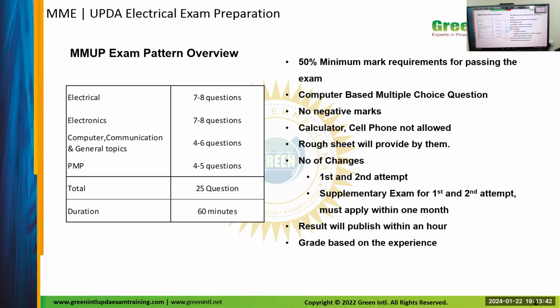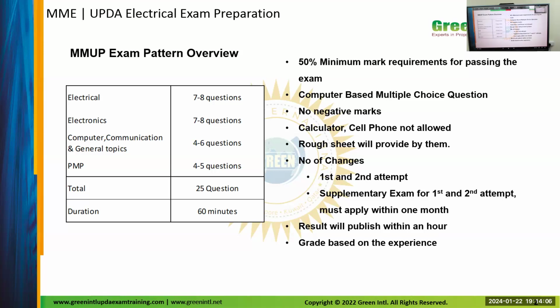And we need to request within a month. Within the month, we need to request, then only they give the supplementary chances. Else, we don't have these supplementary chances. So in general, we may say 4 chances, but strictly speaking, it's not 4 chances, it's only 2 chances, if we forget the supplementary chances.